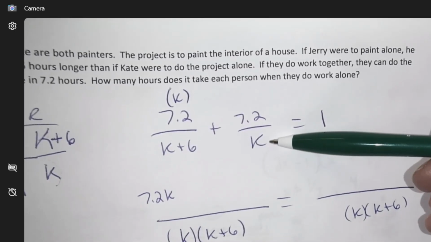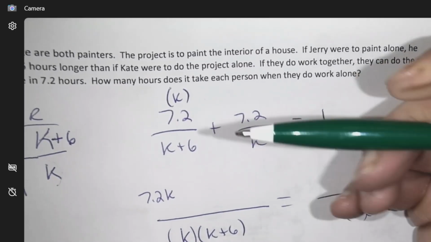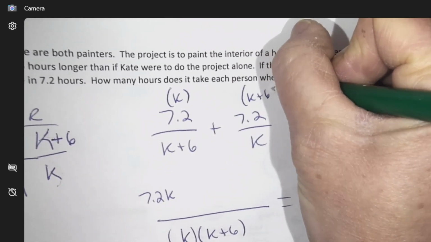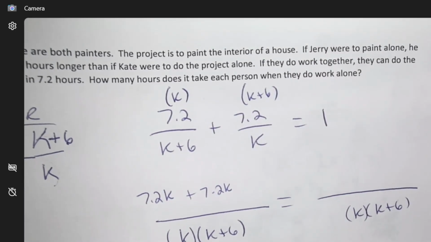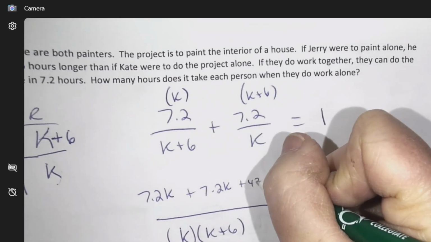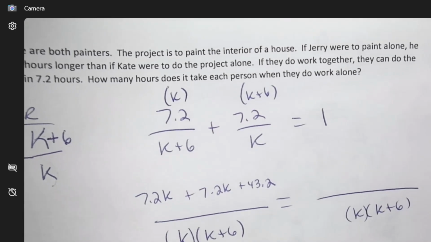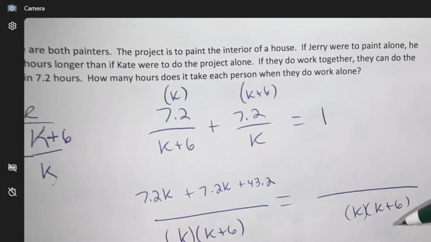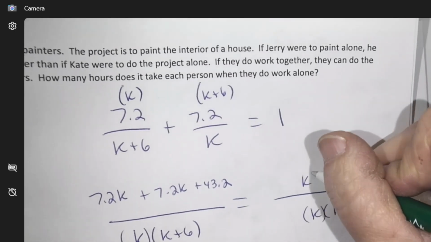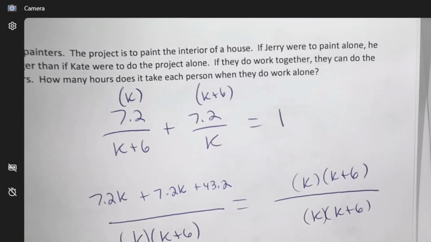Second fraction, I changed the bottom by a k plus 6. The third fraction, I changed by everything. So I changed it by a k and a k plus 6.